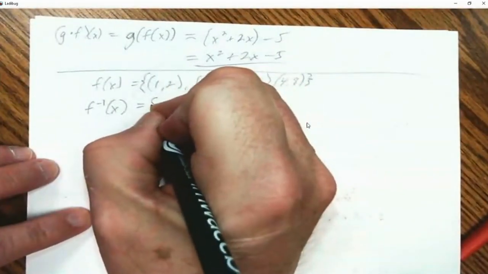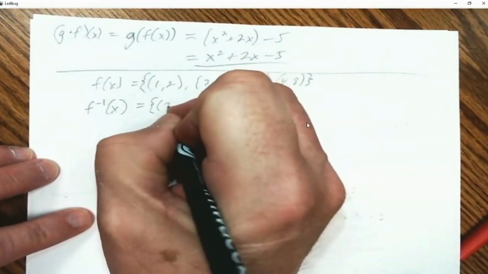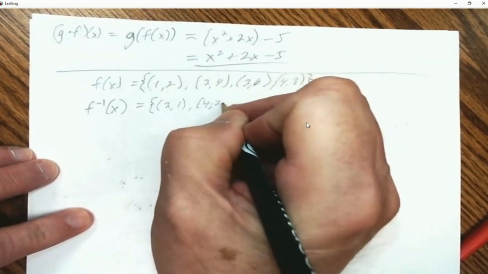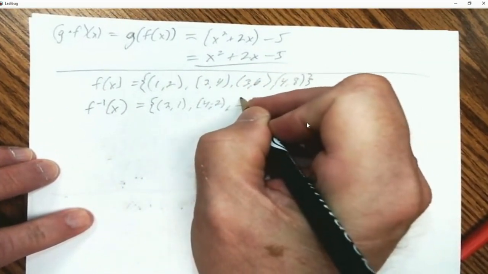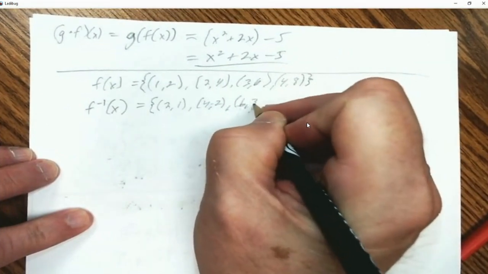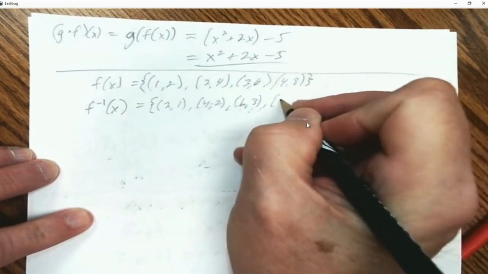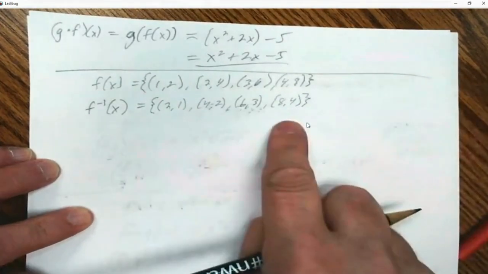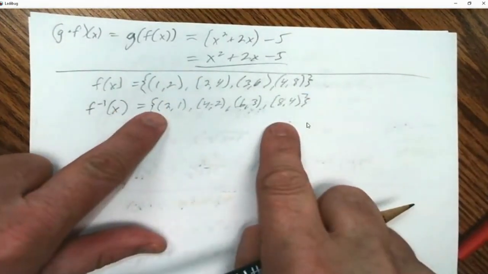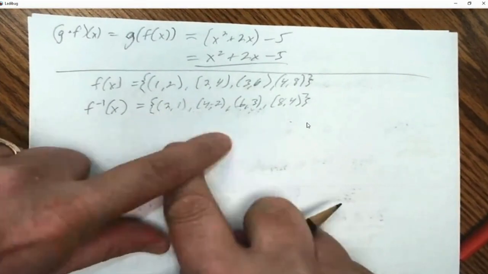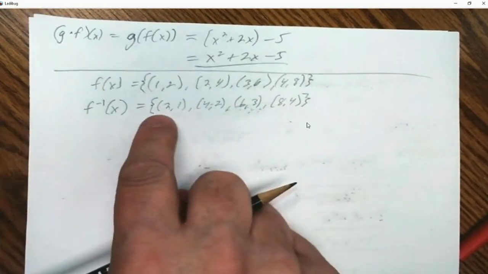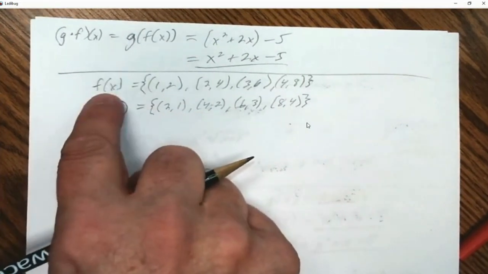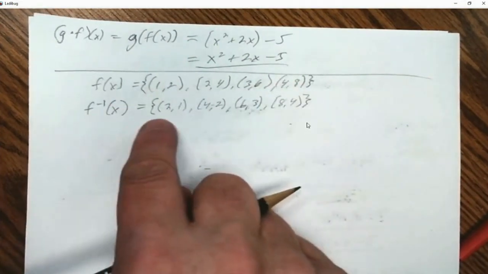It's going to contain these points: (2, 1), (4, 2), (6, 3), (8, 4). It's the exact same points, but they're reversed. The x is now the y and the y is now the x. So if f of x contains these points, the inverse would contain these points.